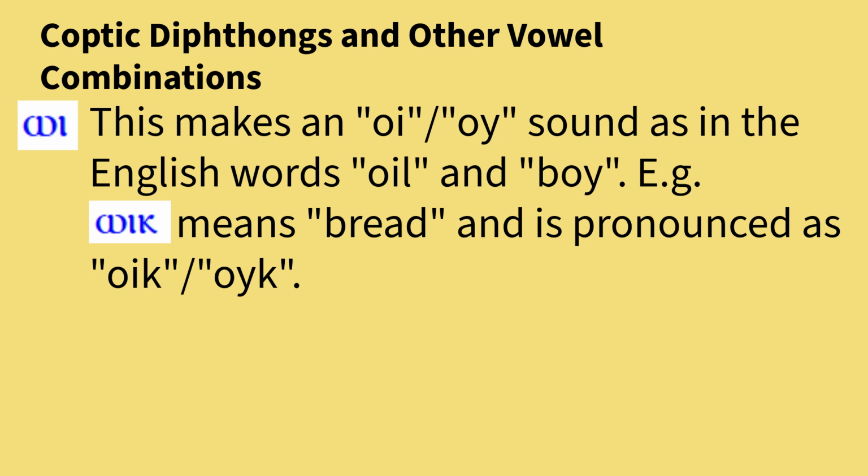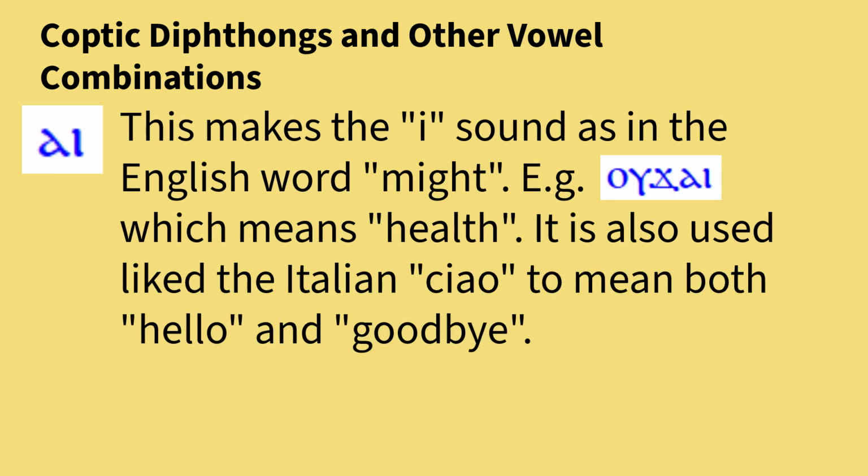The next one we move on to is omicron iota. This makes an oi sound as in the English words oil and boy. For example, the Coptic word oik means bread and is pronounced oik. Moving on from omicron iota, we then have alpha iota.